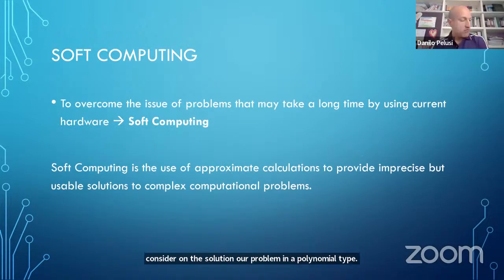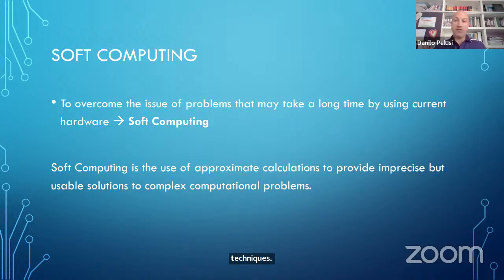To solve this kind of problem where the complexity is huge, we consider soft computing techniques. In fact, to overcome the issue of problems that may take a long time using current hardware, we can apply soft computing techniques. Soft computing is the use of approximate calculation to provide imprecise but usable solutions to complex computational problems.